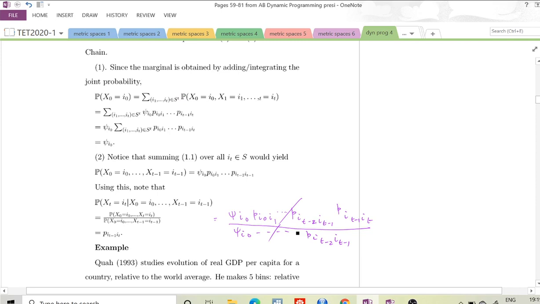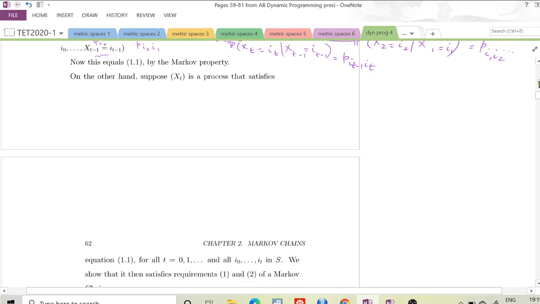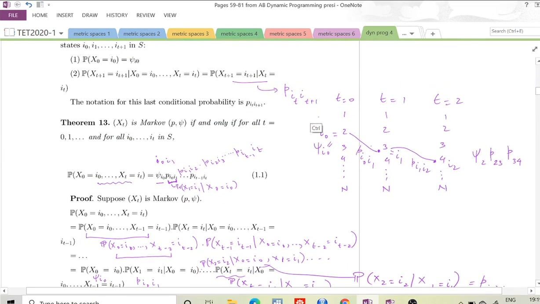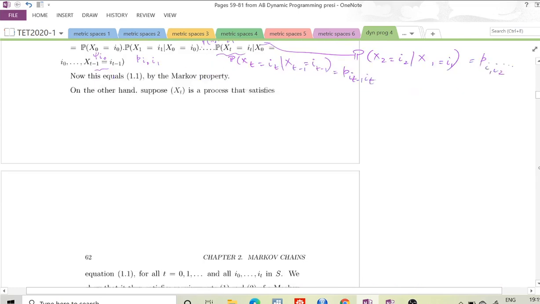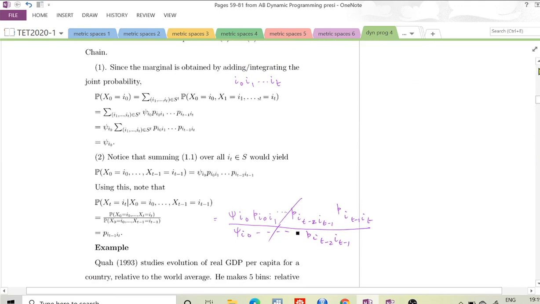So look at any path, right? And as you can see from this figure here, there can be many paths, and they all have probabilities, right?